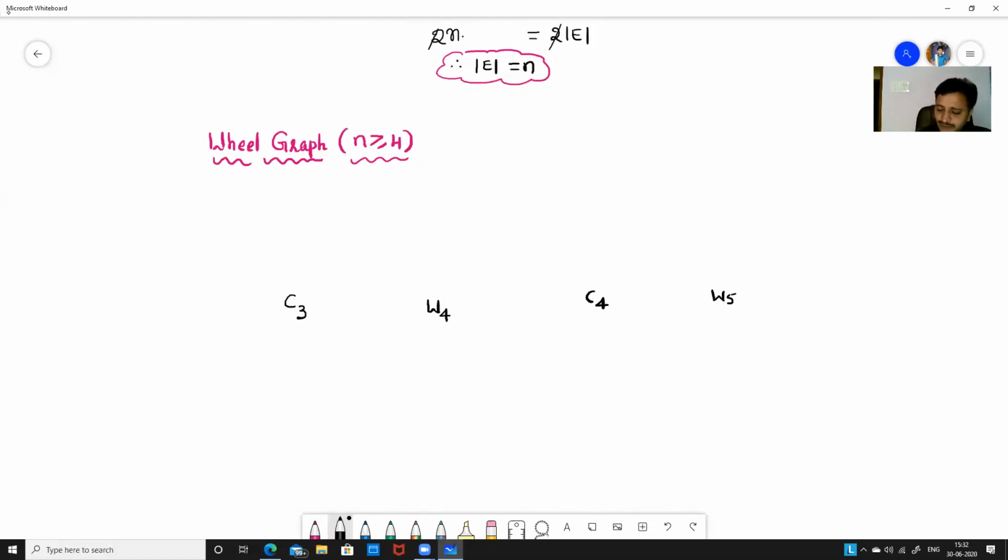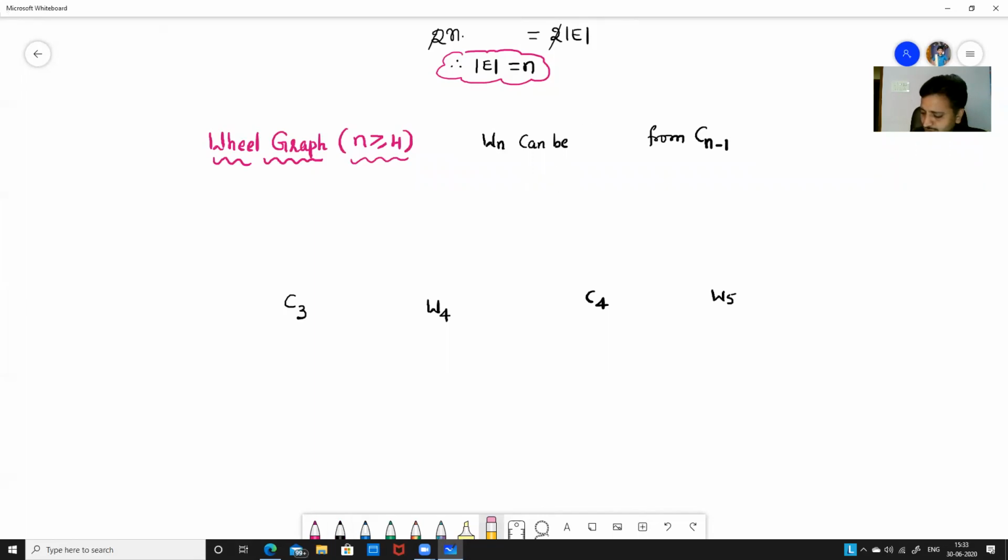In general, Wn can be derived from Cn minus 1. See here, W5 is constructed by using C4, and W4 can be constructed by using C3. In general, Wn can be constructed from Cn minus 1.